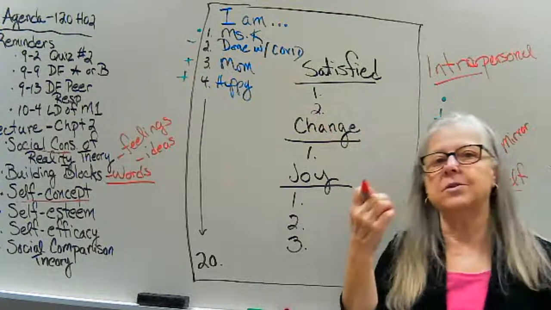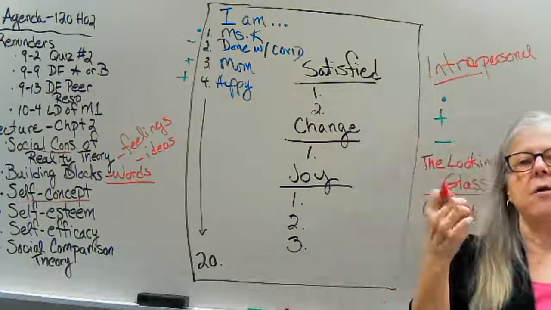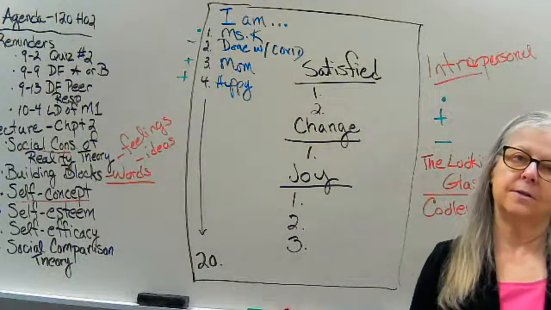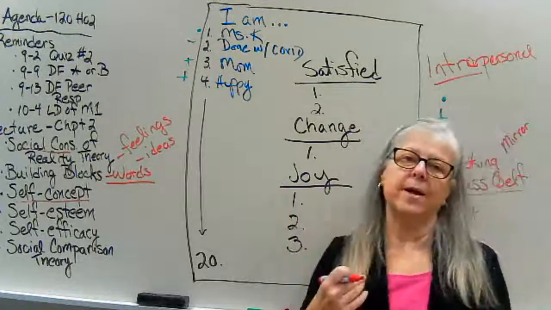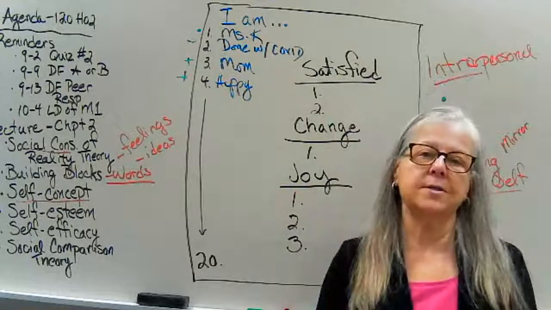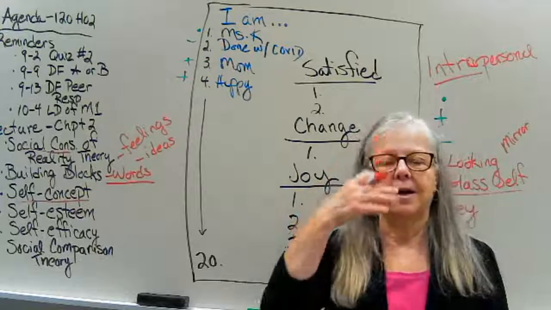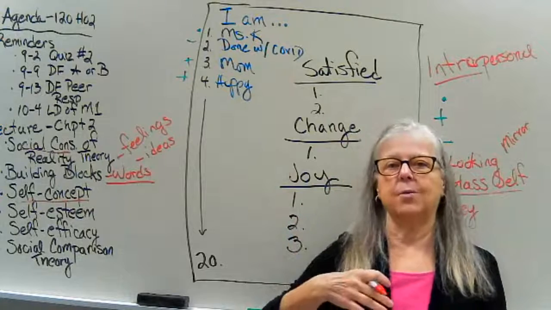And we see ourselves based on how others see us. So it's a reflection. We see ourselves based on the reactions that people give to us so that we can know what's working and what's not working.